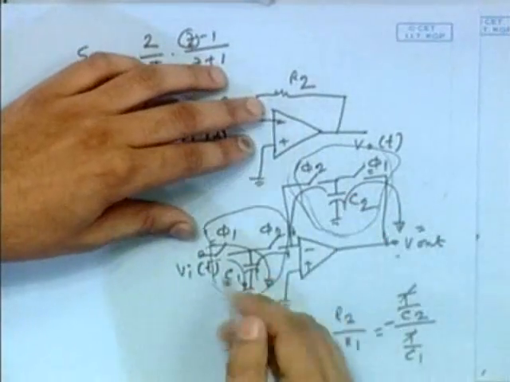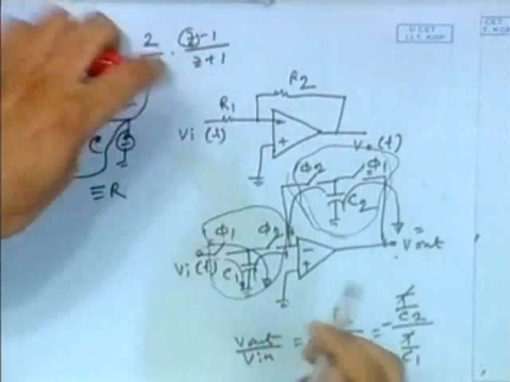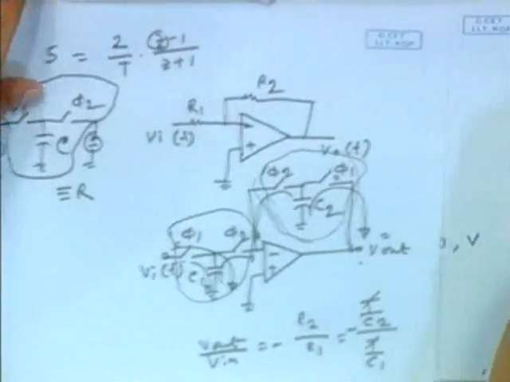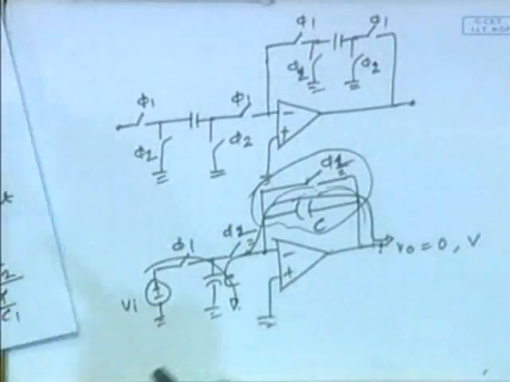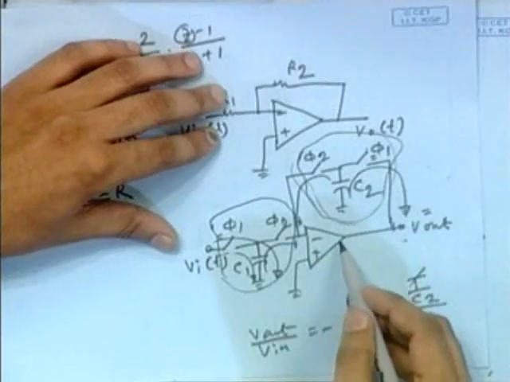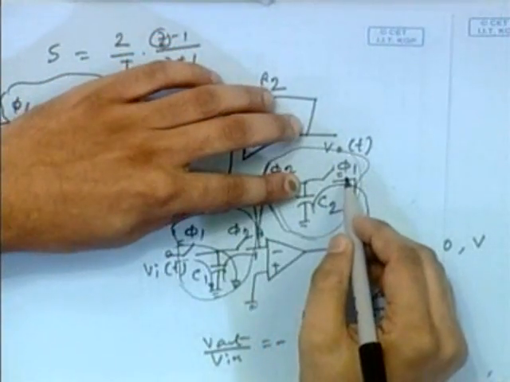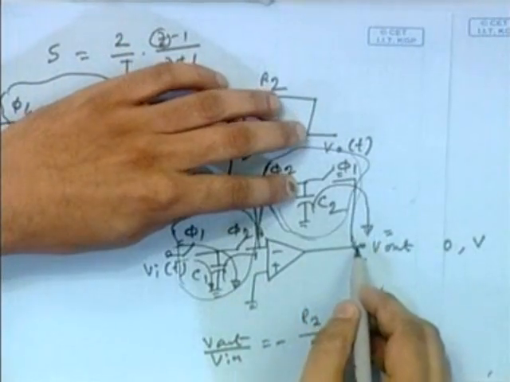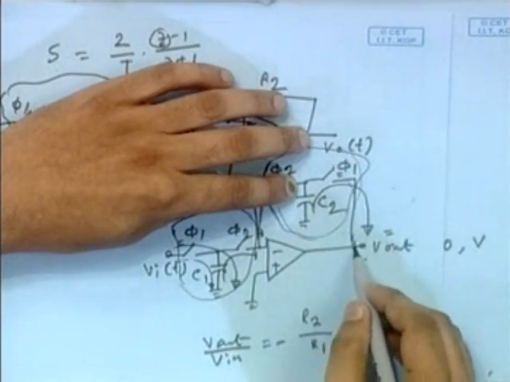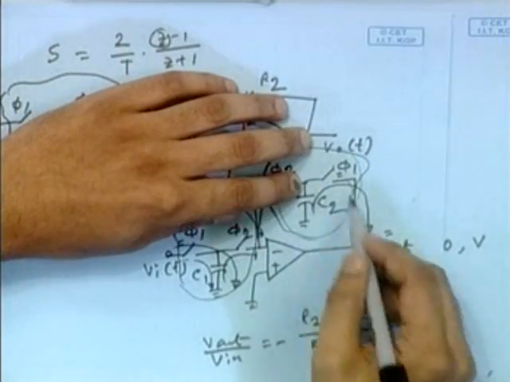For this circuit, now is this circuit clear? When phi 2 is on, then phi 1 is off. So when phi 1 is off, this node is not connected to any other voltage, so this voltage is floating.